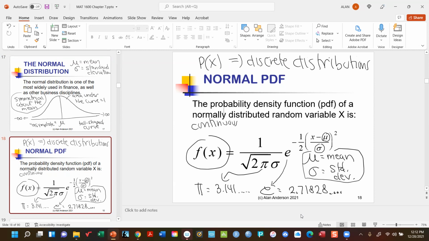E is this 2.71828 that we just encountered previously. And by convention, instead of calling this P of X, we call it F of X. And that is there to remind us that this is a continuous distribution. So this is what's actually going on behind the scenes of that bell-shaped curve. The bell-shaped curve is a graph of this function.